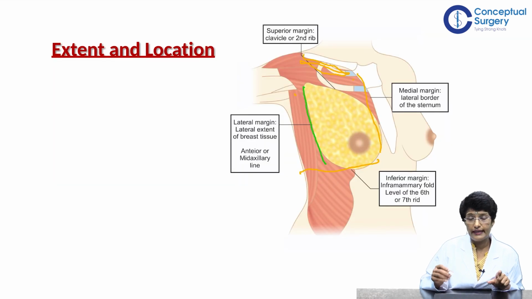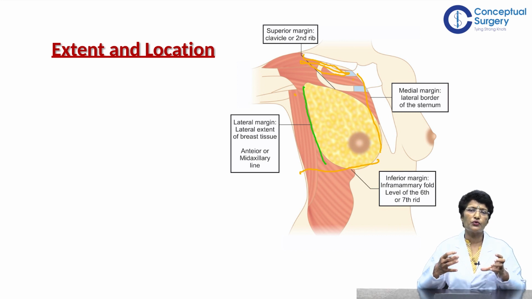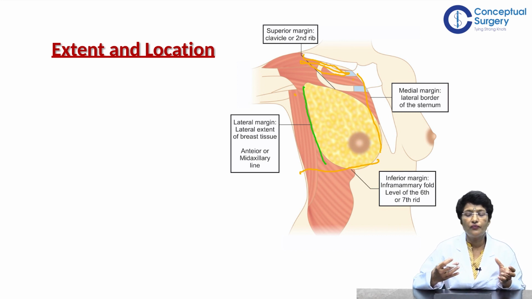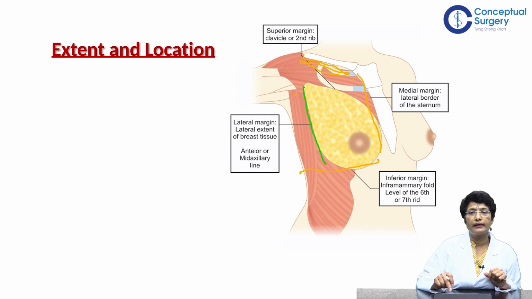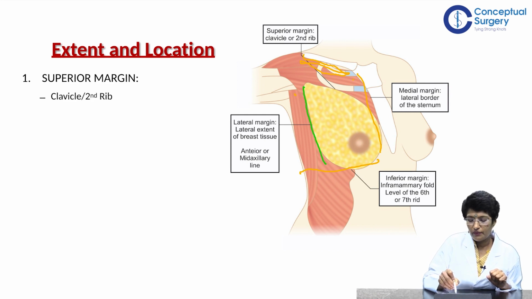If you look at the extent of the breast, it is important, because if you're going to remove the breast, you need to know how far you have to go to get the entire breast out. The superior margin corresponds to the clavicle, essentially the second rib.